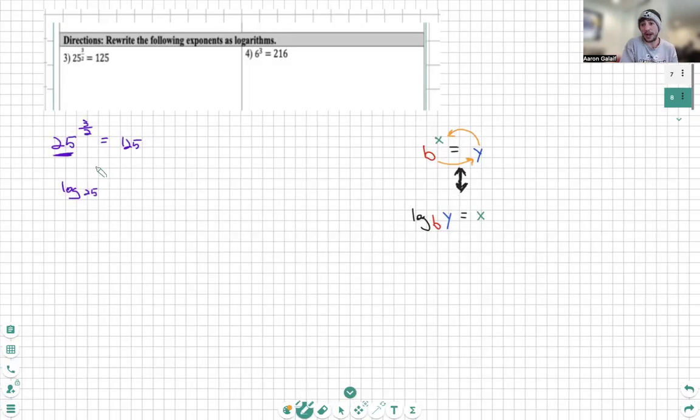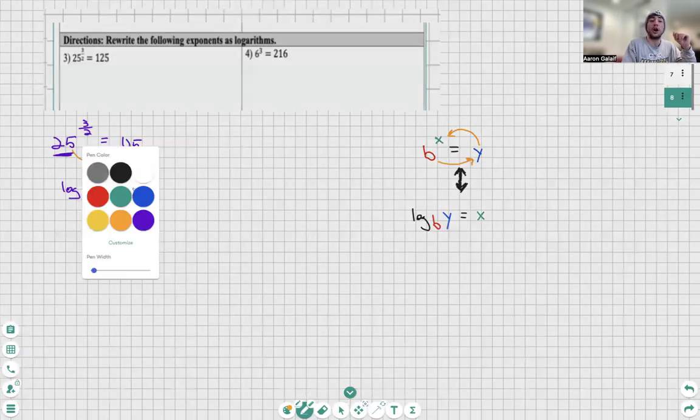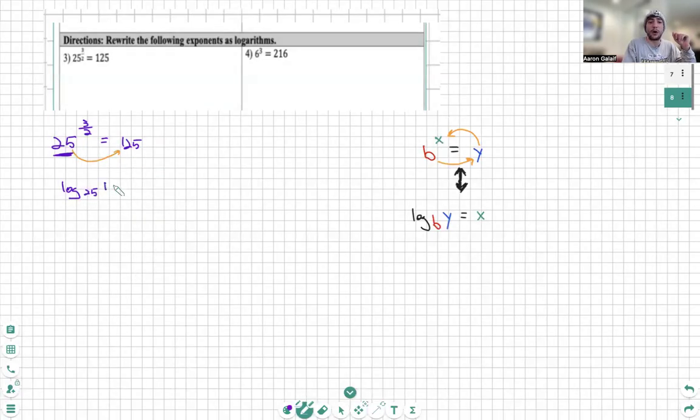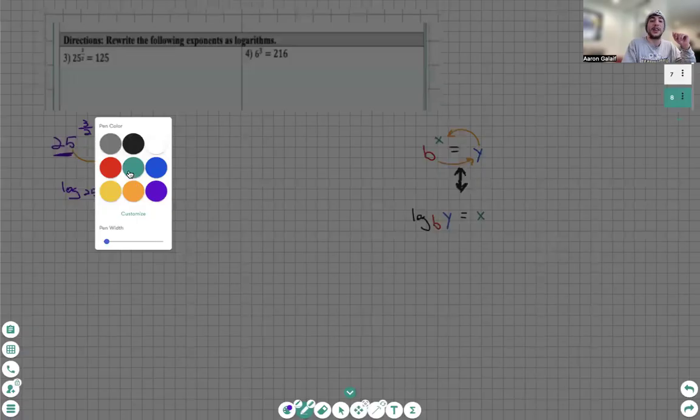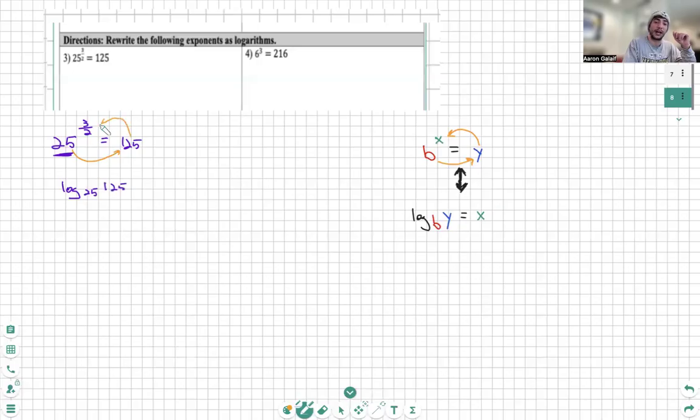Then we apply the snail: we go across the equal sign, log base 25 of 125, and then we cross the equal sign again. Once we cross it the second time, we put our equal sign and we put that exponent down. Log base 25 of 125 is equal to 3 over 2. So that's how we rewrite that one.